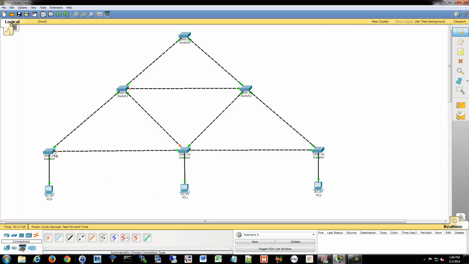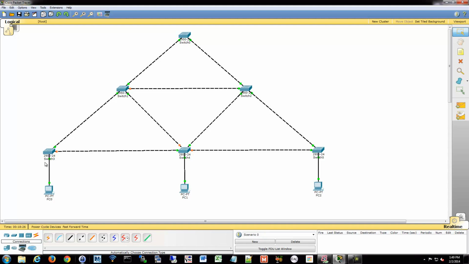Okay, so now we've enabled BPDU guard, and what that means is if I connect a switch that uses spanning tree into this port, it will block the port. It'll put it into a disable mode, so that way we don't have any problems. Once a switch gets connected, it's going to send a BPDU to the switch.